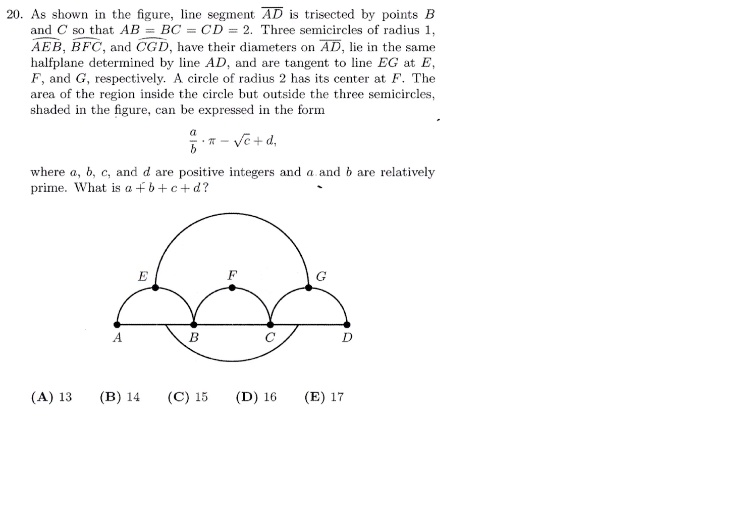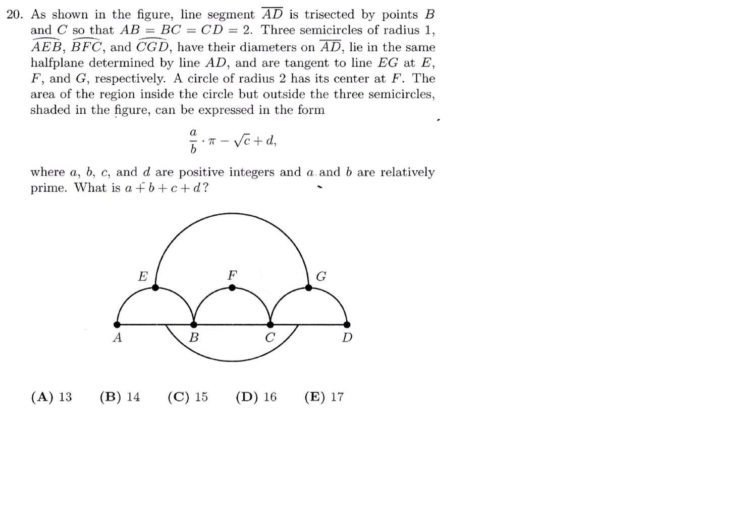As shown in the figure, line segment AD is trisected by points B and C so that AB equals BC equals CD equals 2. 3 semicircles of radius 1, arc AEB, arc BFC, and arc CGD have their diameters on AD, lie in the same half plane determined by line AD, and are tangent to line EG at E, F, and G respectively.